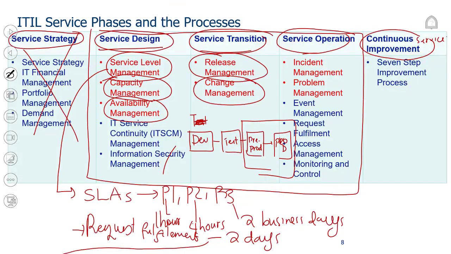Everybody should have got these slides. If you don't have the slides, I'll share it again. Yes, Omar, I said just focus on those ones, those phases and those services. Correct.